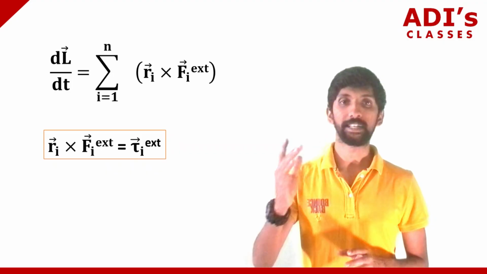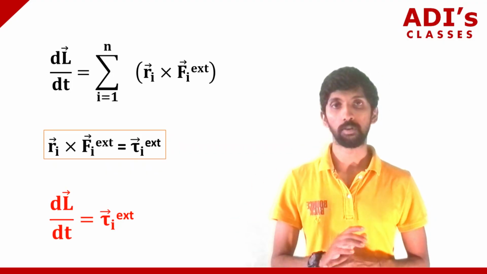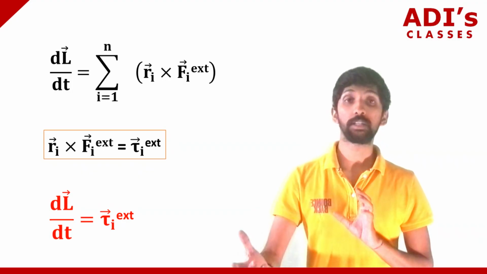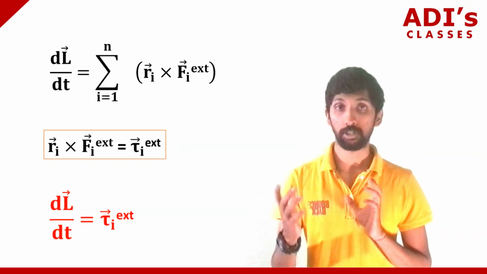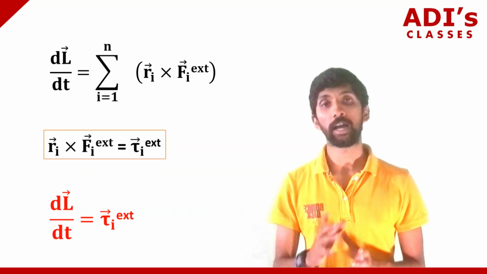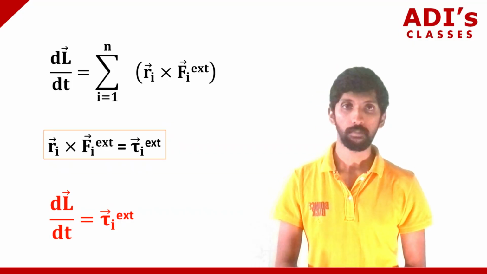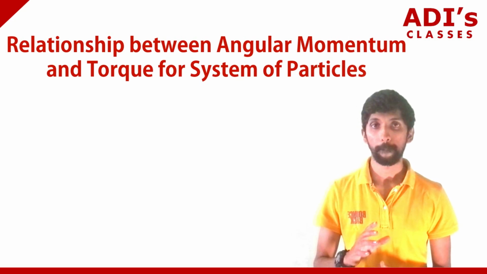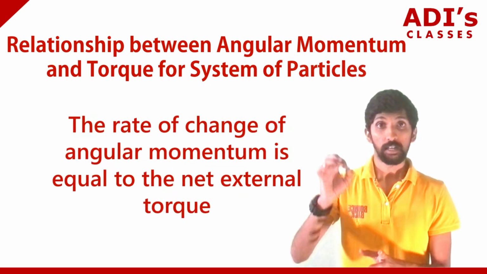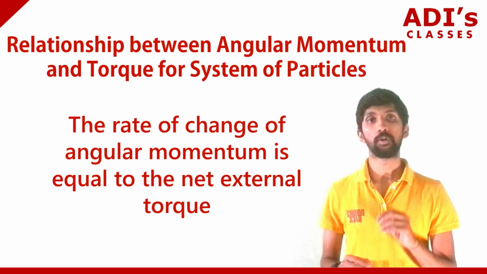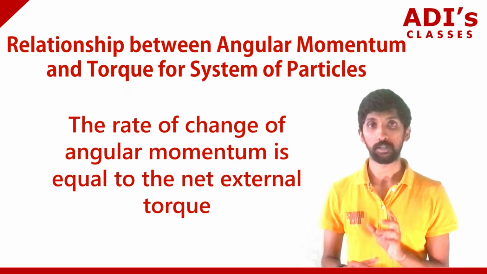So we get dL by dt is equal to tau external. So only the external torque is nothing but the rate of change of angular momentum. This plays a very, very important part. So what we can say is the rate of change of angular momentum is equal to the net external torque.